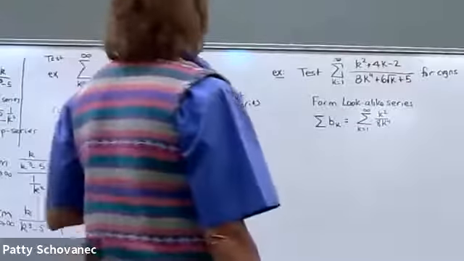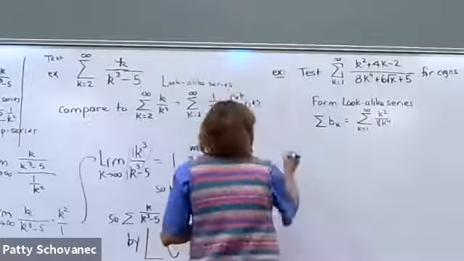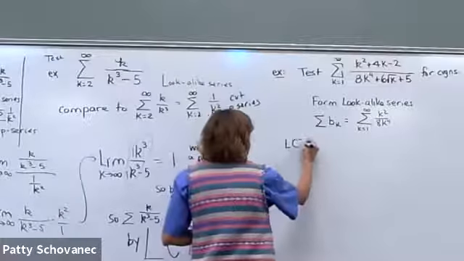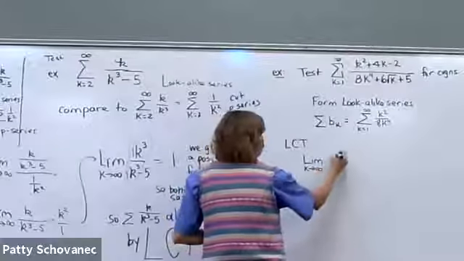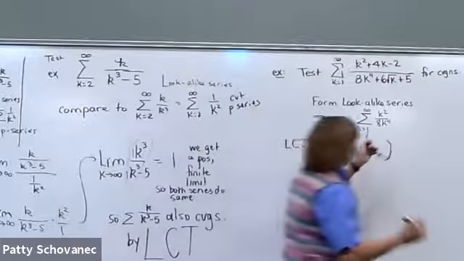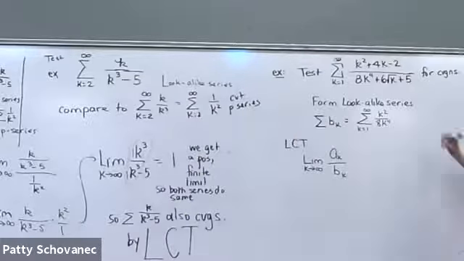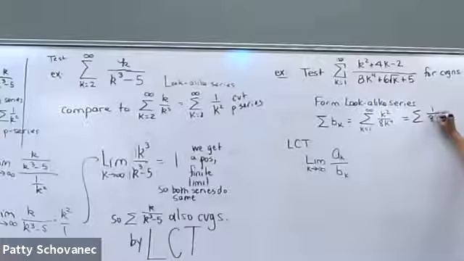So I'm going to go ahead and form the limit with my given series to my lookalike series. I'm going to do the limit comparison test. Take the limit as k goes to infinity of the general term of the tested series to the known series. First, you're going to tell me what my known series does. It's a convergent p-series, because the p is the 2, right?